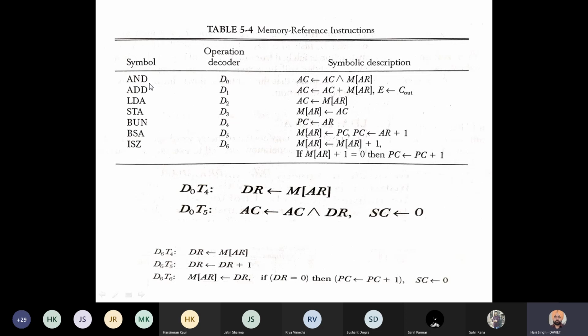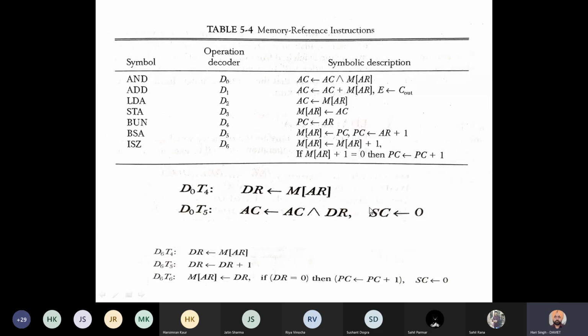One micro operation is to read the second byte from memory and place it in the data register. The second micro operation is to perform the logical AND operation between the accumulator and the data register. At the end of this, the sequence counter is set to 0.